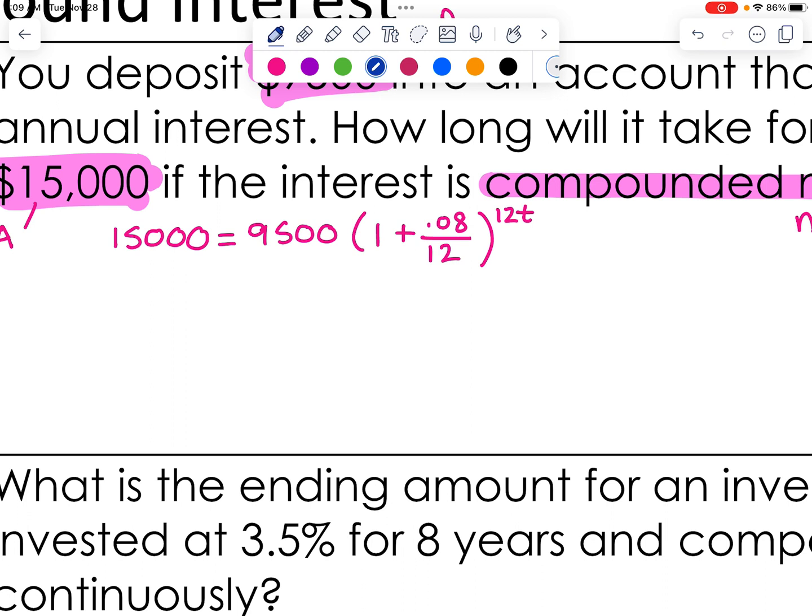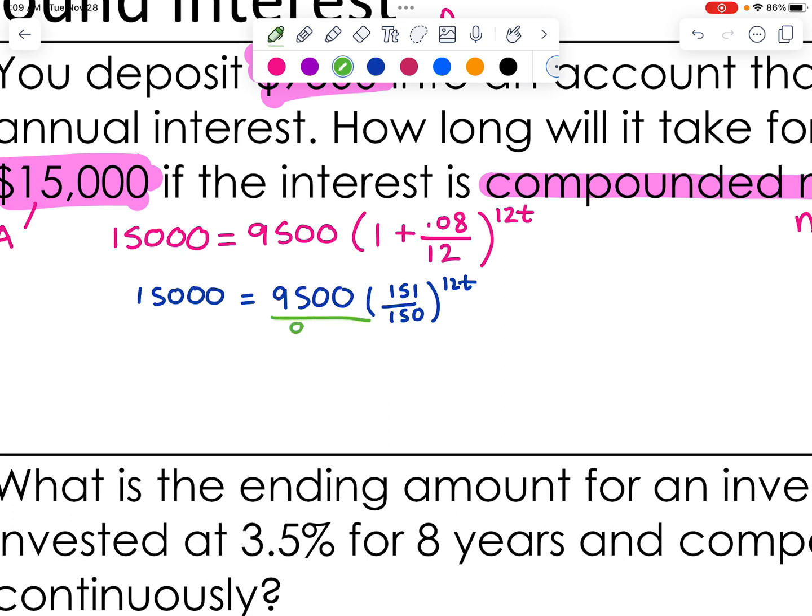The first thing I might do is simplify what's in the parentheses. So I've got 1 plus 0.08 divided by 12. And I'm going to change it to a fraction in my calculator. I get 151 over 150. All right, now we're going to go ahead and solve this.